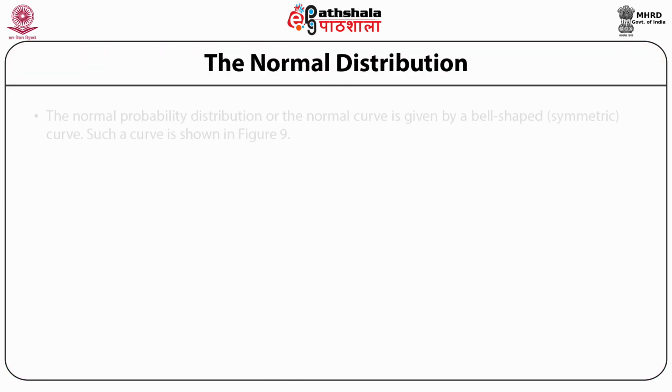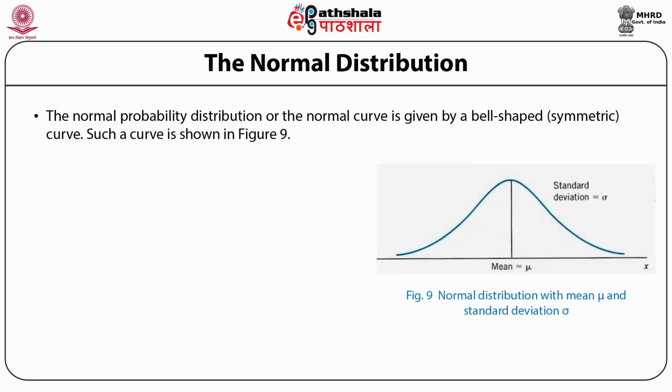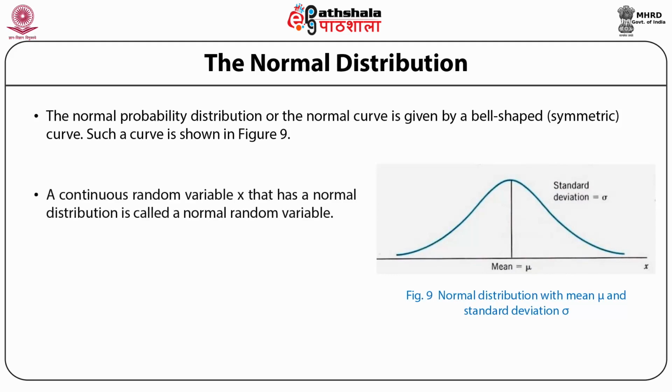The normal probability distribution or the normal curve is given by a bell-shaped symmetric curve. Such a curve is shown in figure 9. It has a mean of mu and a standard deviation of sigma. A continuous random variable x that has a normal distribution is called a normal random variable.